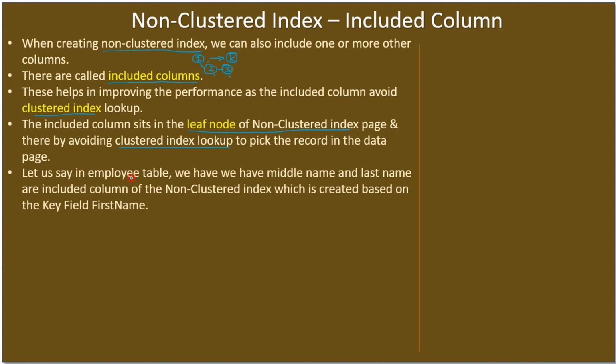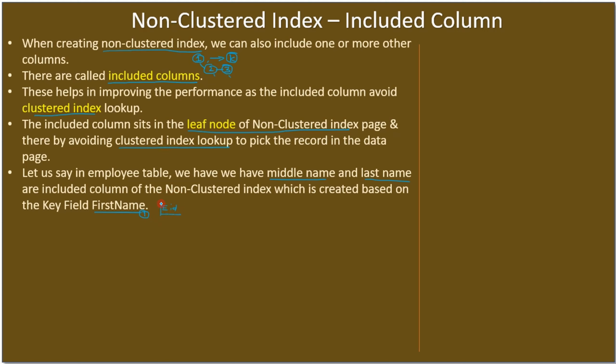Let's say in the employee table we have middle name and last name columns, and those are included columns of a non-clustered index, which is created based on the key field first name. So here we are talking about 1, 2, 3, right? Let's state that first name is the non-clustered index key column, and the employee table contains EID.